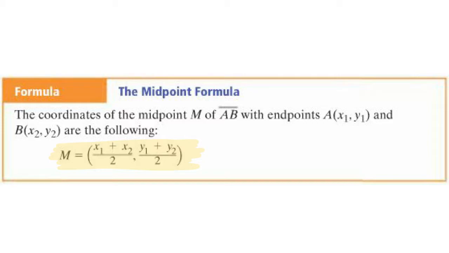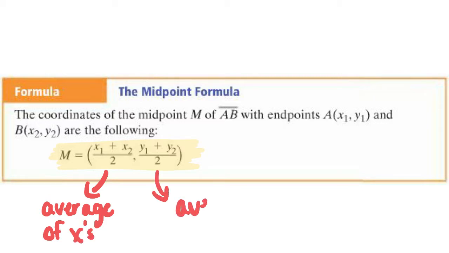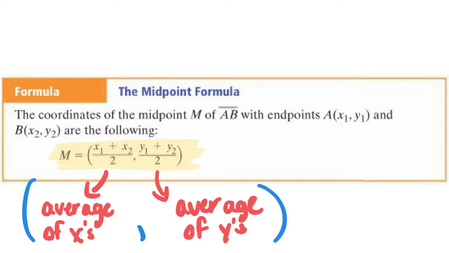And essentially, you can almost think of this as being the average of the x's, comma, the average of the y's. And we have to make sure that we always rewrite it in this ordered pair, so the parentheses, comma, and our second set of parentheses.